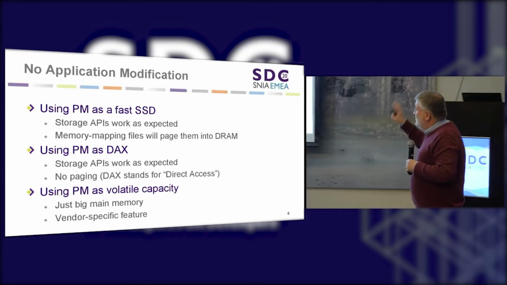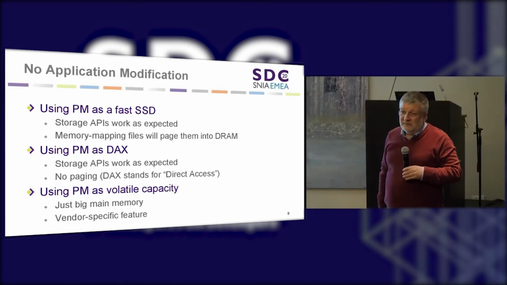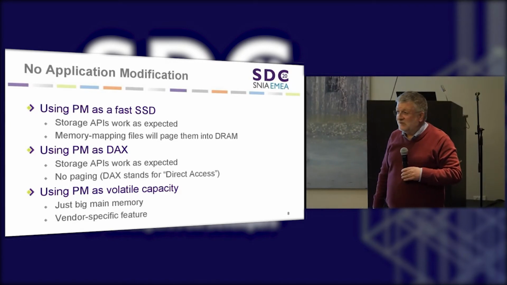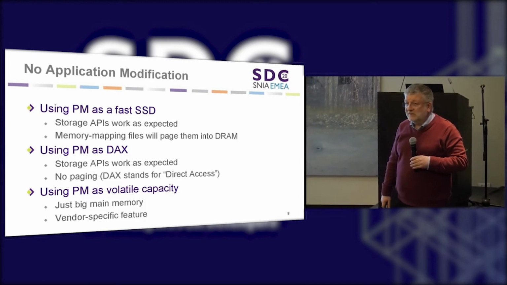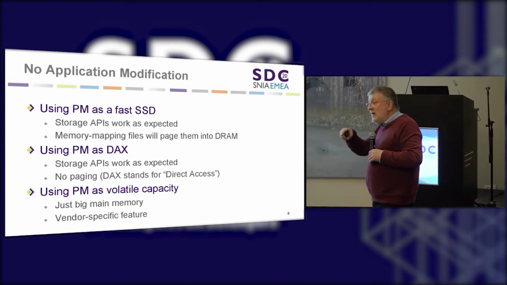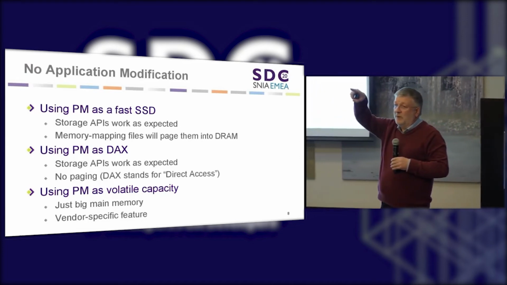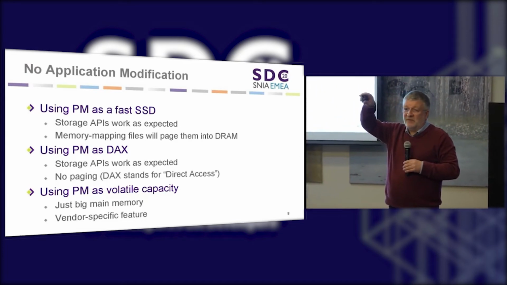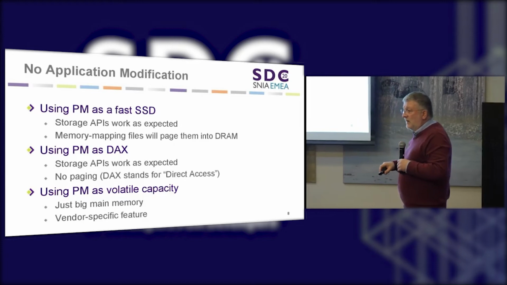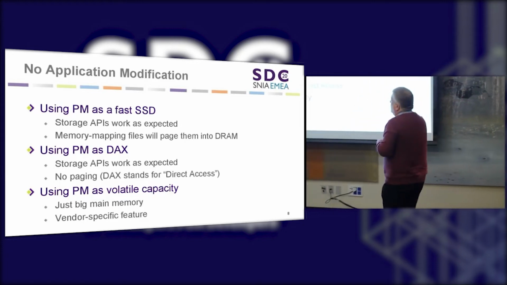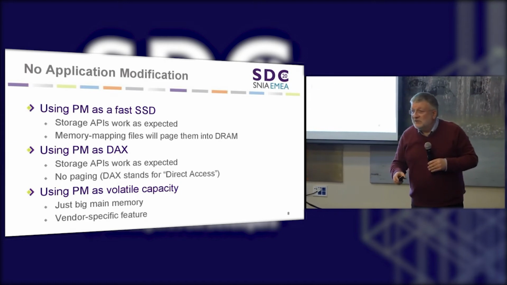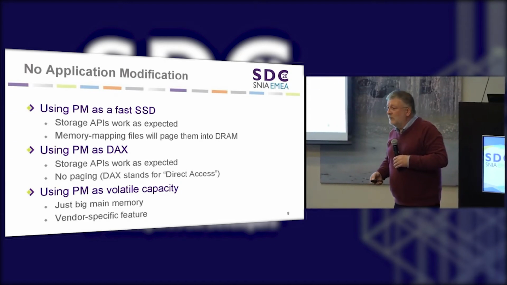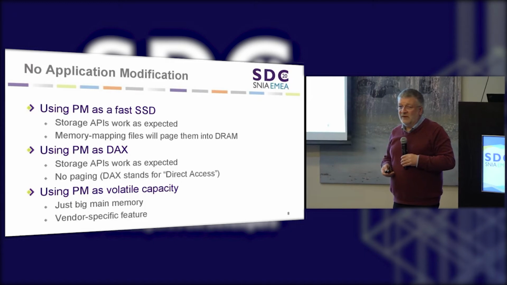Or you could use PM as volatile, capacious, big main memory. There might be vendor-specific features for supporting that. The best way of getting the support for all this is the PMDK library that's being spoken about at the persistent memory hackathon that's going on. The PMDK library provides you with all these mechanisms for using persistent memory, so you don't have to reinvent the wheel, because it is a fairly big wheel to reinvent.